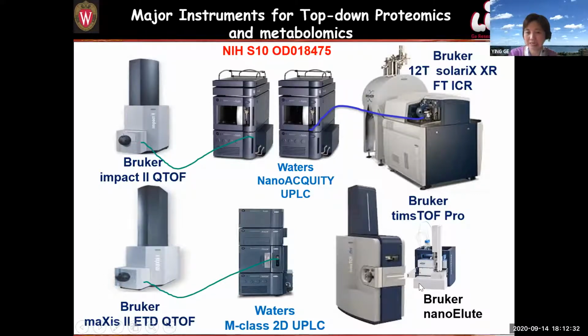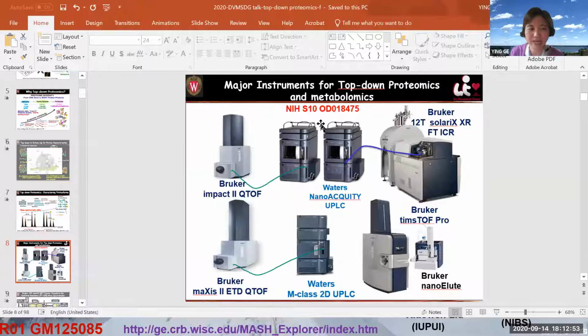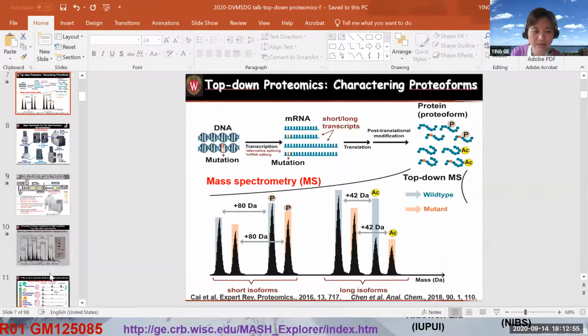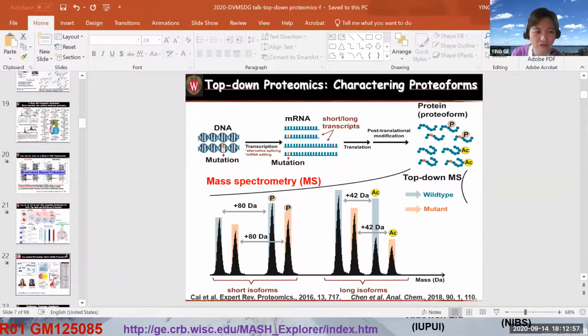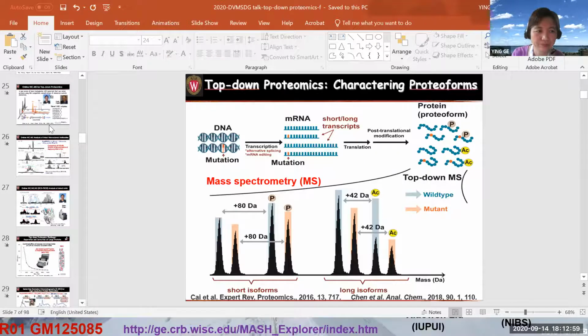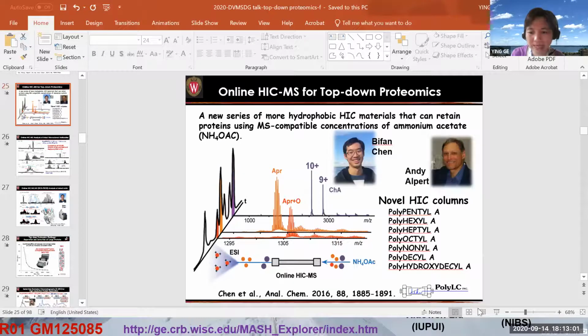But as I said, right now the embedded LC, the default LC, doesn't work for LC-MS mode of top-down proteomics. We're still working on it. FTICR is useful if you want ultra high resolution for proteins, but a lot of the data I can show you is actually from TOF, like this study.